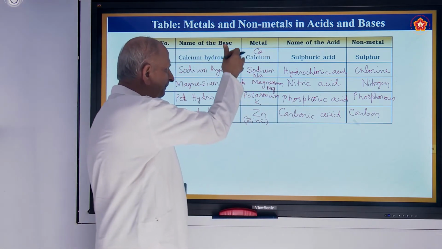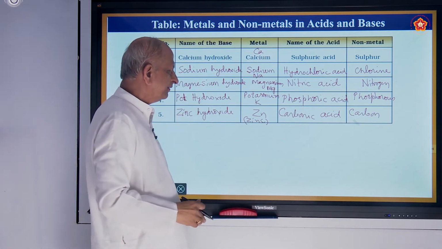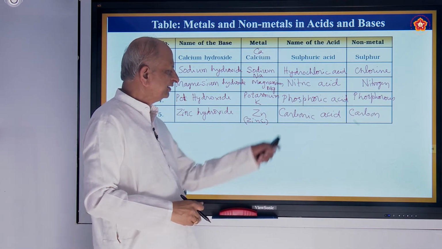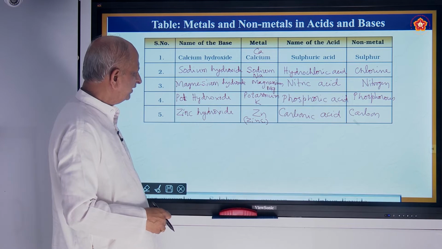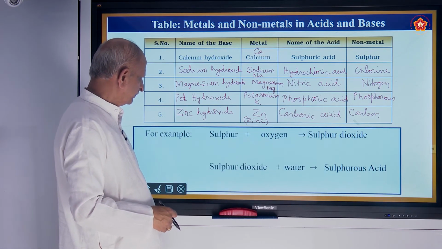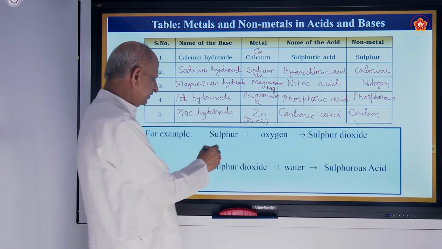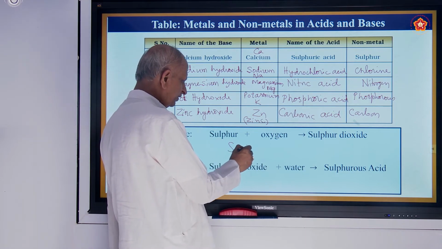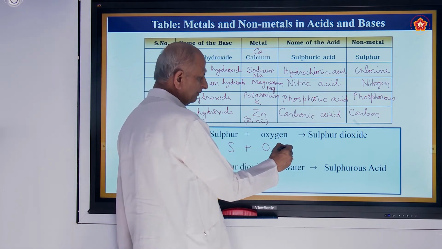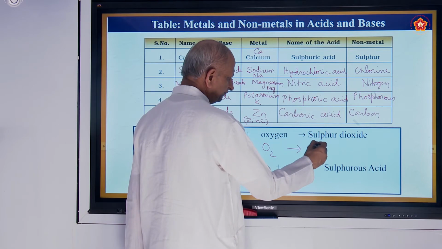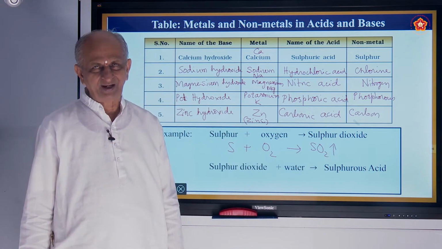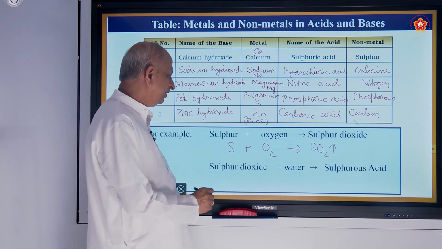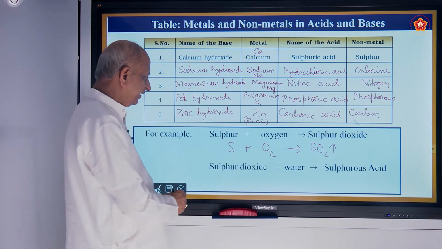So these are the metals present in the metallic hydroxides, and these are the non-metals present in the acids. Okay. When sulfur burns in oxygen, it forms sulfur dioxide. It is a non-metal oxide, called an acidic oxide.